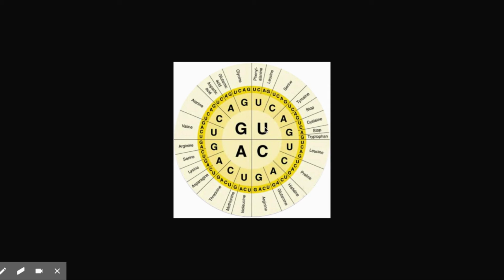So, for example, if you have an original codon of UCC that codes for serine, if you had a substitution that changed the codon from UCC to UCA, right? So I have a switch, a substitution between C and A, I still get serine. I still have the same amino acid and therefore the same exact protein.